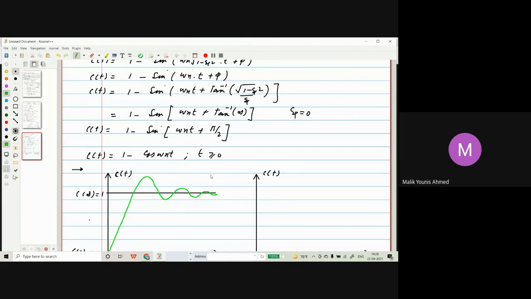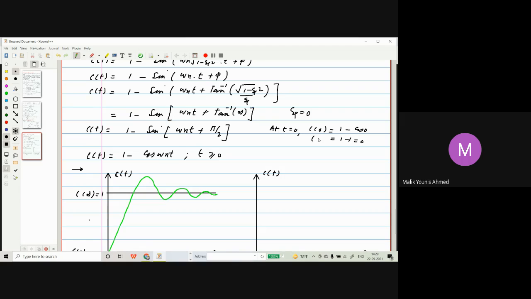At t equal to 0, C of 0 was equal to 1 minus cos of 0. Cos 0 is 1, so 1 minus 1 will be 0.